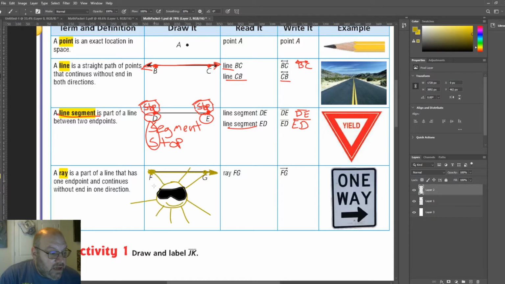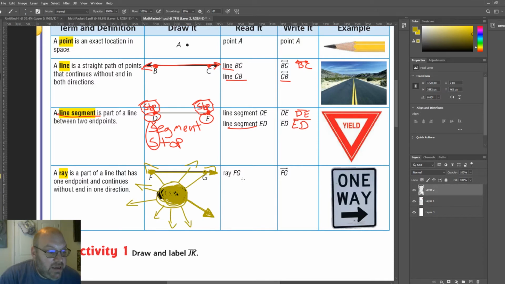The sun has rays. Well, if you look at the sun, the middle of the sun is like a point. This is like a big point. And then the rays go off in one direction from the sun. So you can see these are all rays. It has that central point, and then it goes off in one direction. That's how we remember rays, like the sun rays.